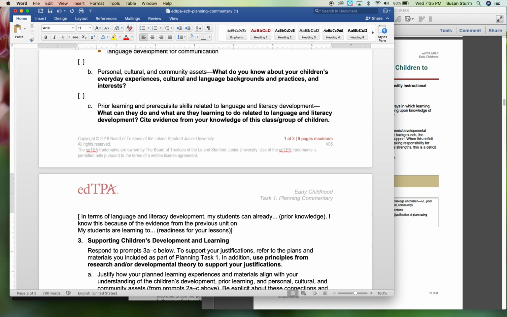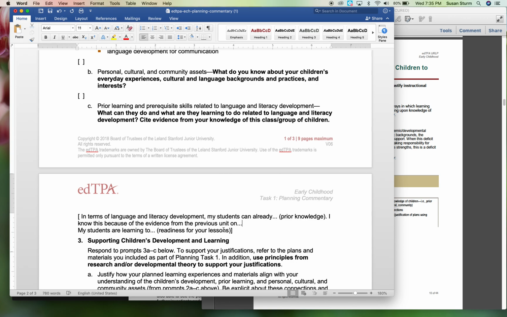So you need to cite some evidence of their learning. So let's say the previous unit was on writing a paragraph, because I know my students in the previous unit were all able to pass the unit final test and write a full paragraph. That could be just one example.